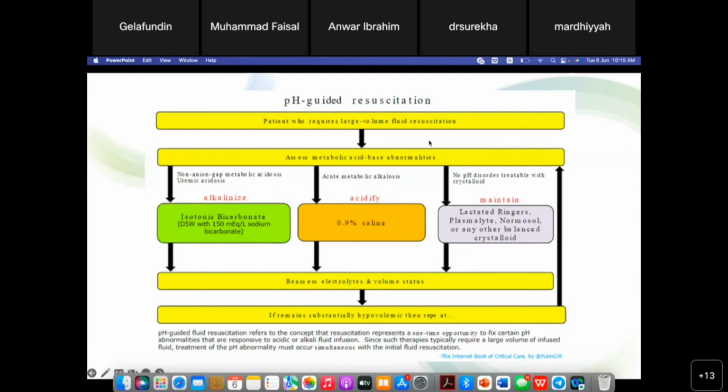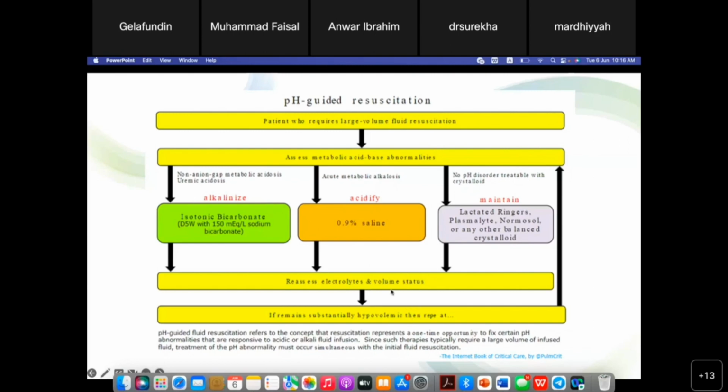So you can see here, if there is NAGMA or uremic acidosis, you want to alkalinize the patient, so you can give isotonic bicarb. If there is acute metabolic alkalosis, then you want to acidify the patient, you can give normal saline. And then for those with no pH disorder, treatable with crystalloid, you can maintain with balanced solution. Then eventually you need to reassess the electrolyte and volume status.